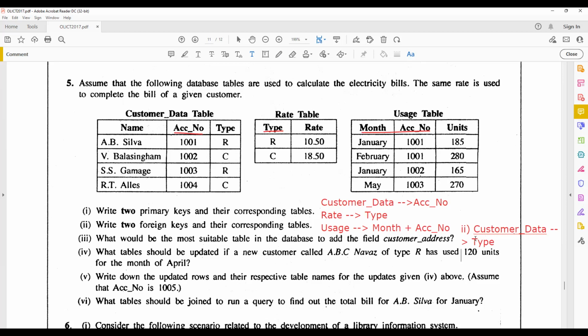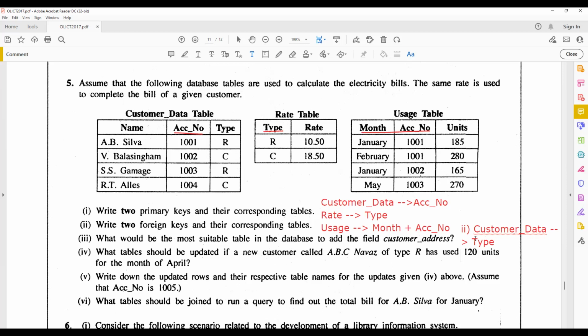Rate table. Do you have any foreign keys in the rate table? Right, in the rate table, type is common, but it's not connecting to the primary key of the first table. So type is not a foreign key.